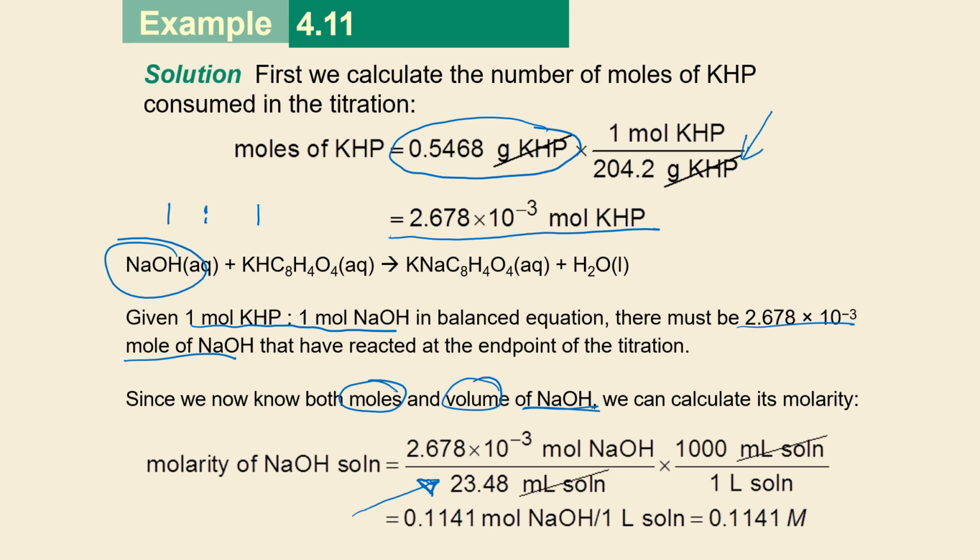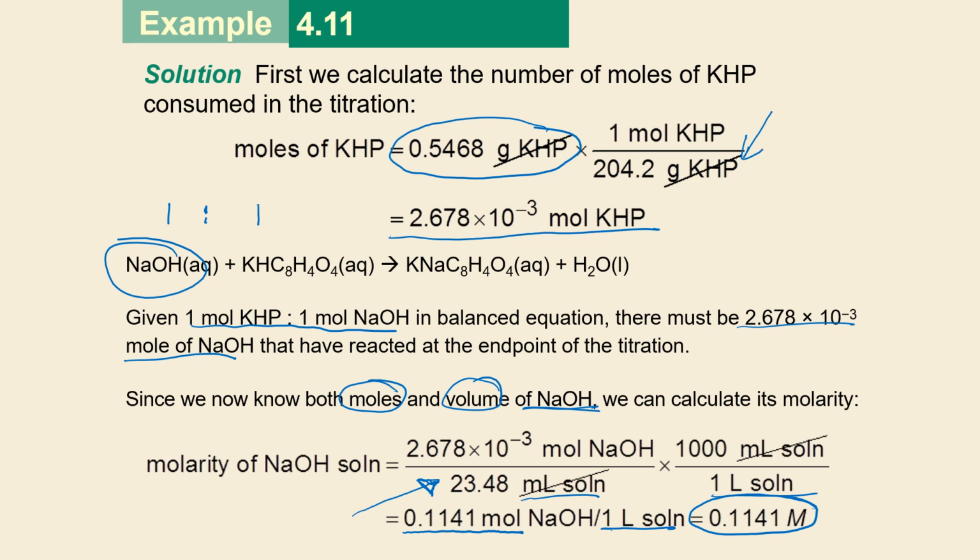So now we take our moles of NaOH, we convert milliliters of solution to liters of solution because molarity by definition is moles over liters. And then we get 0.114 moles of NaOH per 1 liter of solution, which is just another way of saying 0.114 molarity. So what have we done here? We've taken a very accurate quantity of KHP that was required to neutralize NaOH of unknown concentration.